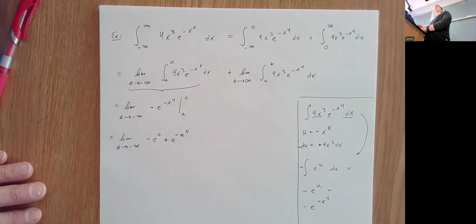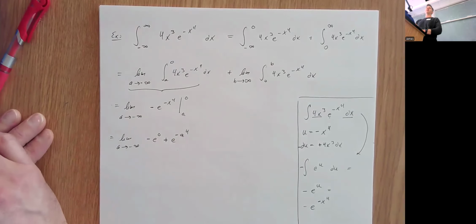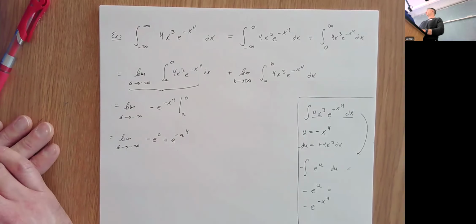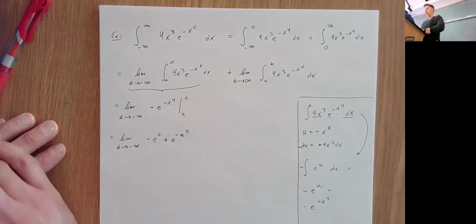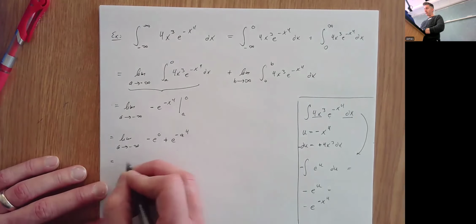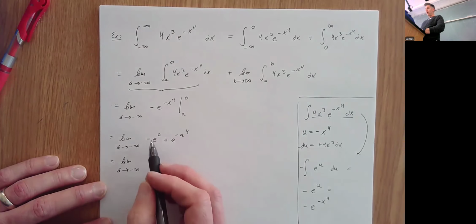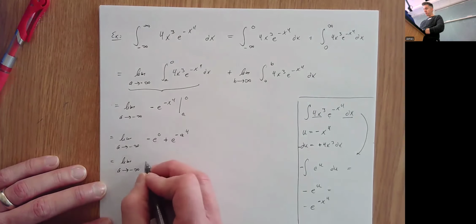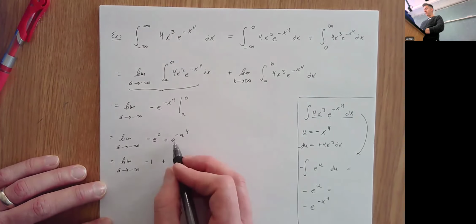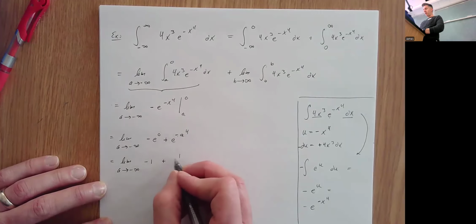Personal opinion, I don't love an e to the negative infinity. I know it's 0, but I think it's nicer to write it as 1 over e to a positive. So I would prefer to rewrite this as the limit as a goes to negative infinity of negative 1 plus, instead of e to the negative a to the fourth, 1 over e to the a to the fourth.